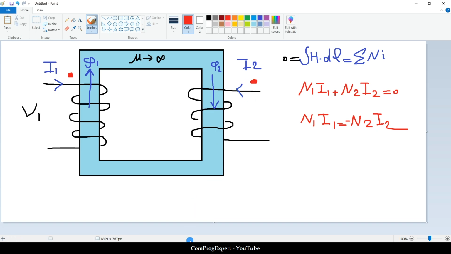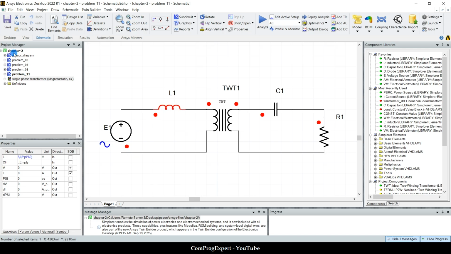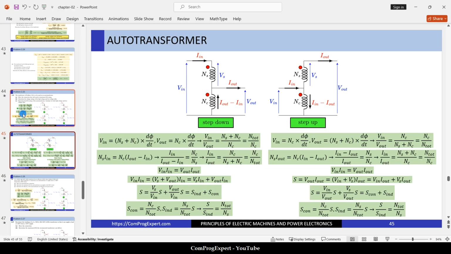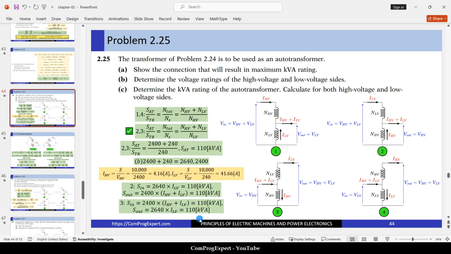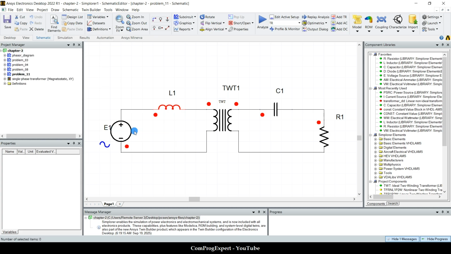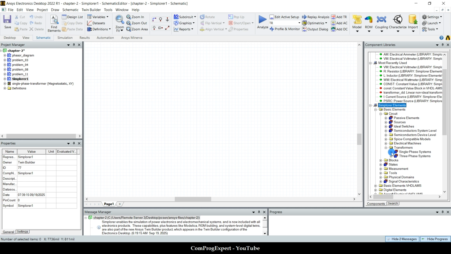So let's check it in the software. For problem 25, let's generate a new simpler model and check this point for a single phase transformer.